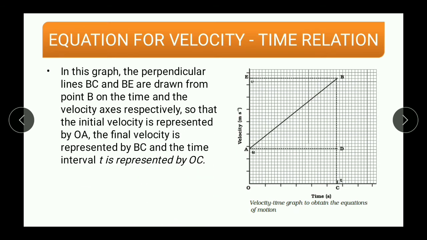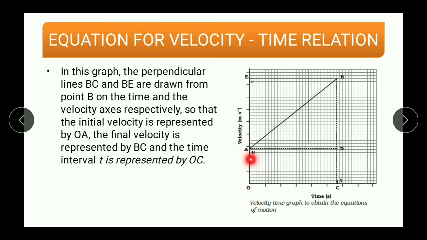In this graph, the perpendicular lines BC, where is BC? Over here, can you see it? And BE, can you see BE? BE is over here. So these two lines are drawn from point B, so that the initial velocity is represented by OA. Can you see O?